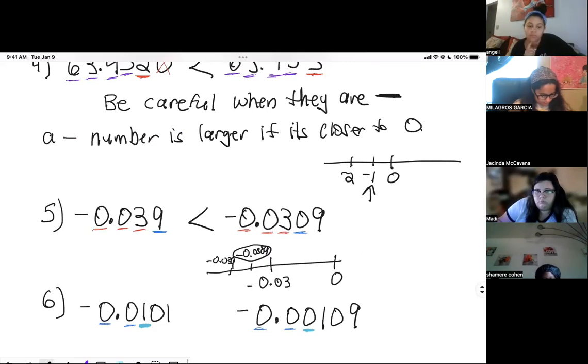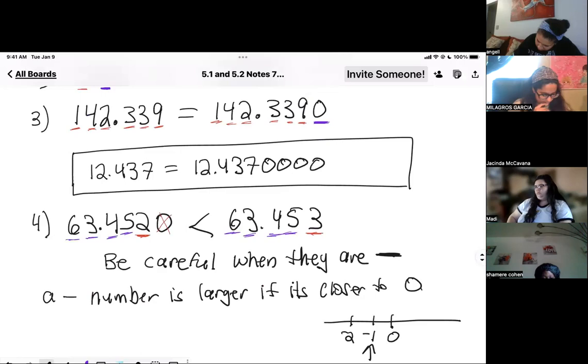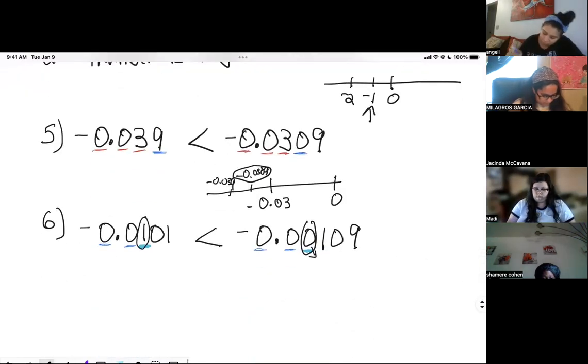The smaller one is closer to 0, so that 0 makes this the bigger one. So the first one is smaller than the second one. The fact that this is 1 and this is 0, and that's closer to 0 in a negative direction. So think backwards. If it's bigger when it's positive, that's our bigger one. But when it's negative, we want the smaller one. That's closer to 0.